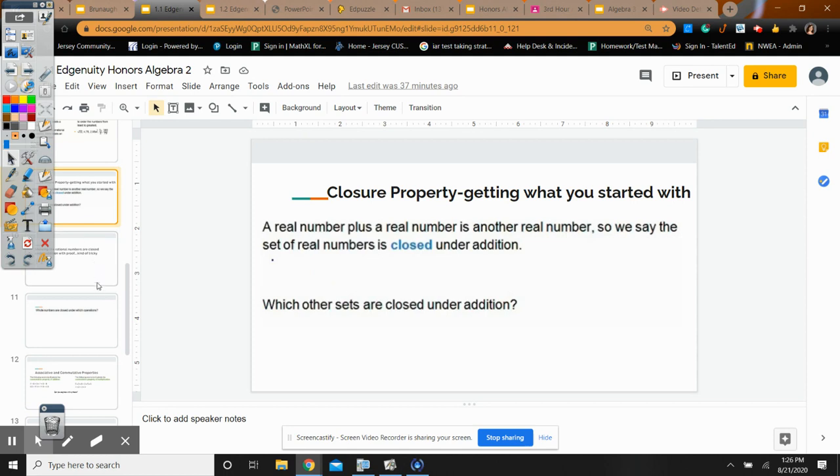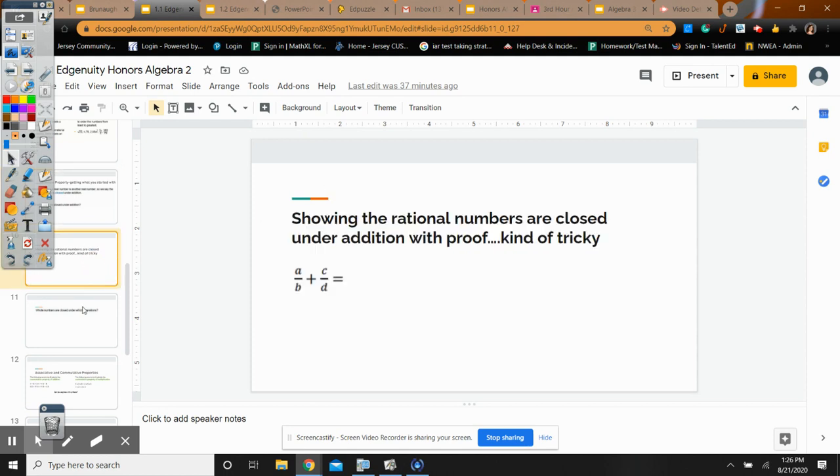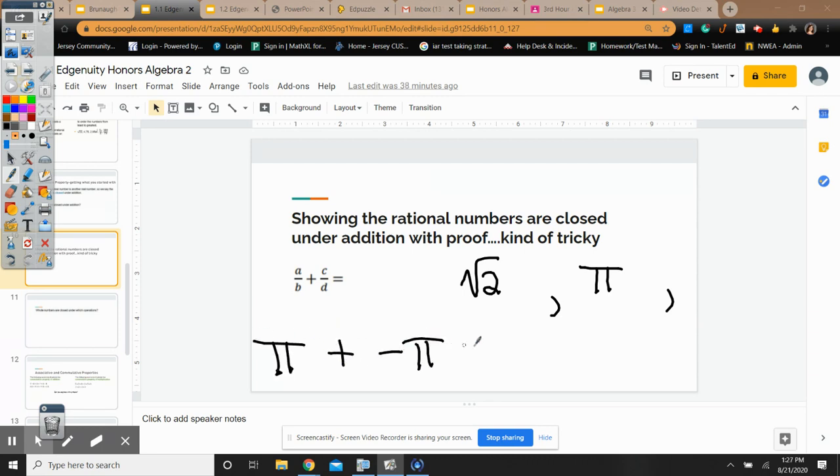Now, what's the last thing we didn't do? Irrational. Are they closed under addition? So you're talking about your specials, your square root of 2's, and your pi's, and these numbers that never end. Well, when you look at those specials, what happens if I take pi plus a negative pi? What do I get?